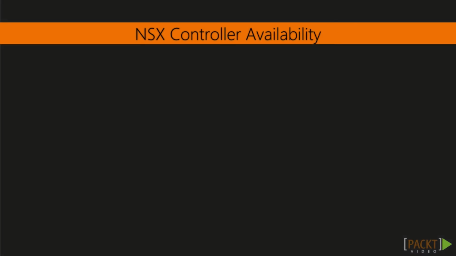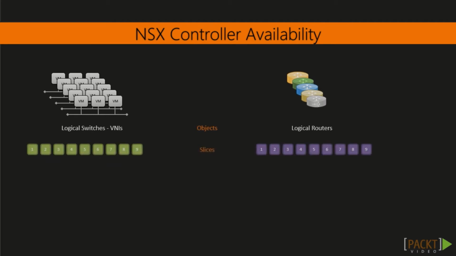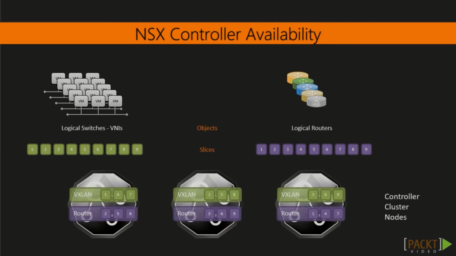Let's do NSX controller availability. All the objects we have within NSX, the logical switches, or short, the VNIs, or the logical routers, are sliced. That means each object, or the information per object, is divided into multiple pieces. And these slices are stored across the NSX controller cluster nodes.